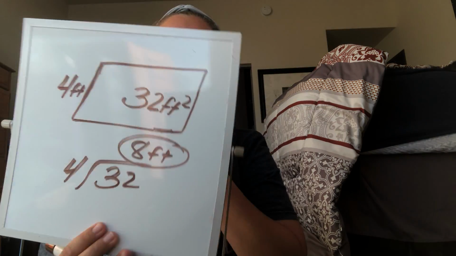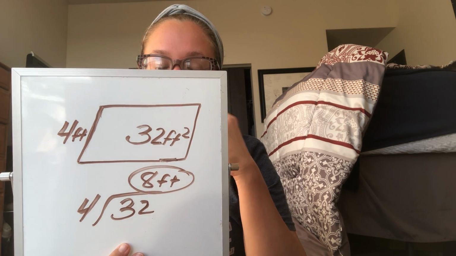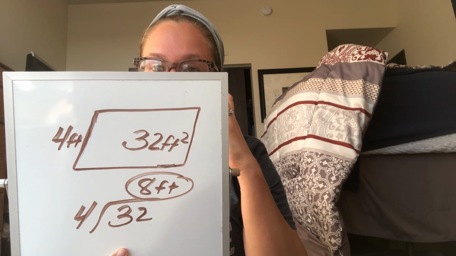So find the width. So here, we have 32 divided by 4, which is 8 feet. That's our width.